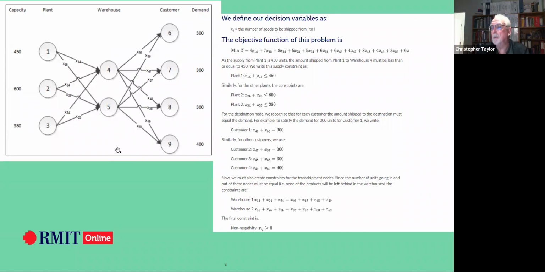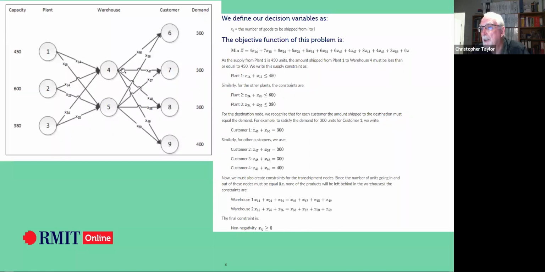And then when we look at the demand side, we've got customer one, so that's x46 and x56. So that's 4 to 6, and from 5 to 6. These are the two warehouses, so everything comes into there and then goes out of the warehouses to the customers.